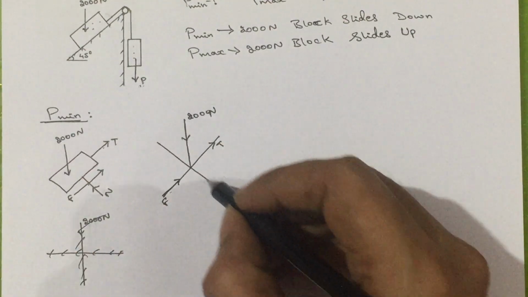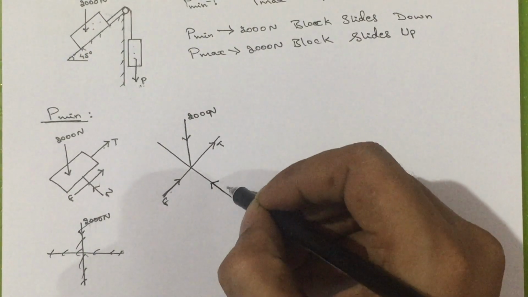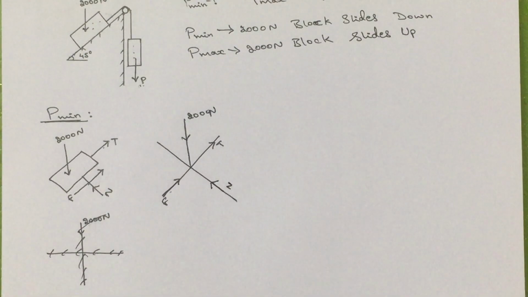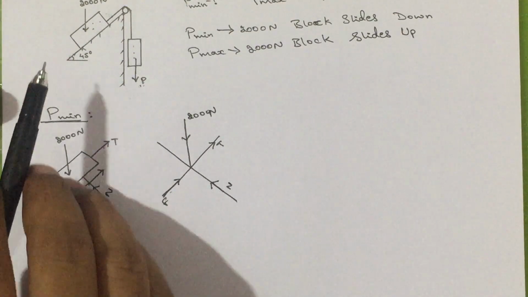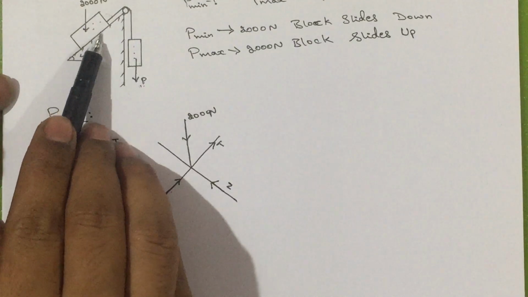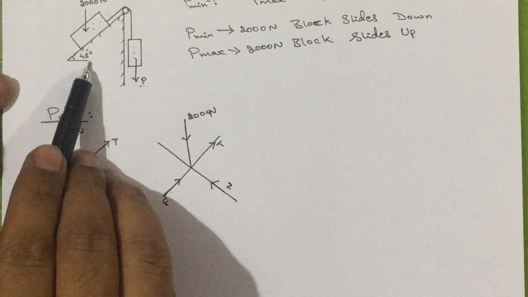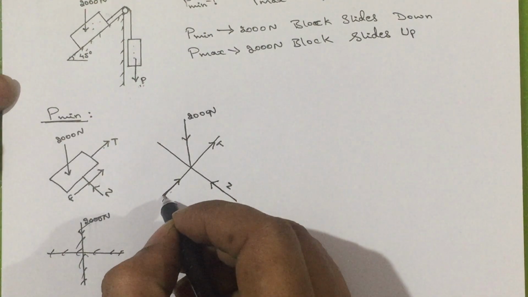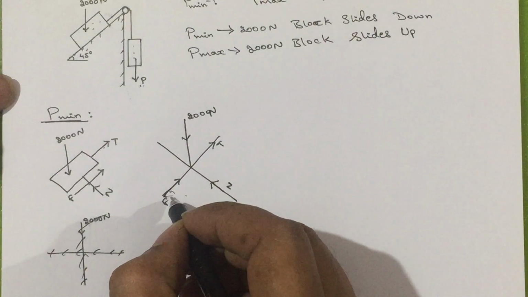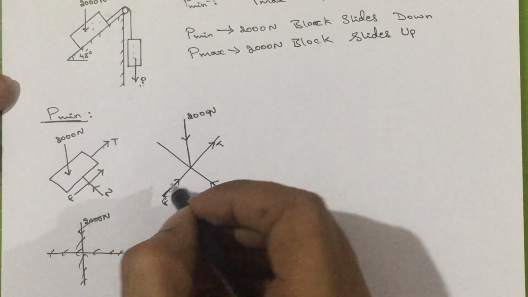Then normal reaction, it is going upward, N. So this is the free body diagram, but still we need angles. In the given problem it is said that the inclined plane is inclined at an angle of 45 degree with respect to horizontal. So this will be 45 degree. This will be 45 degree. Then what about this one?